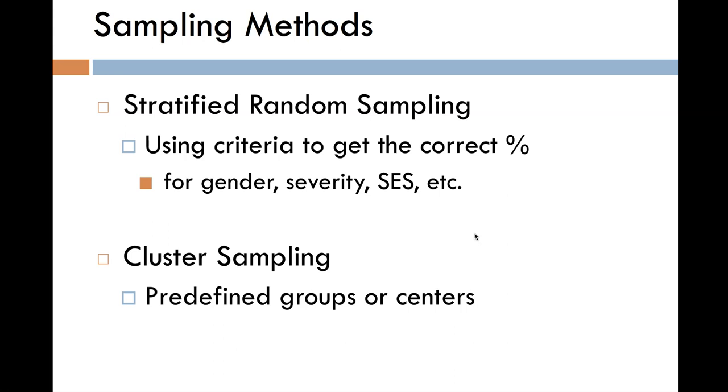So what we're going to do is randomly select 20 elementary schools in the state of North Carolina. And then out of those 20 elementary schools, we're going to randomly select 100 kindergartners, right?